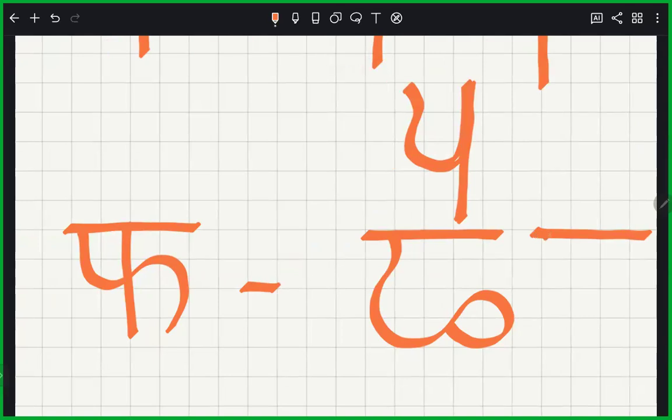From the left of the Shirorekha, I kept my pen a little slant, not too much of a slant, a little slant, I would say. Then you make a curve here, and after this curve, when you take your pen upwards, then you draw another round here.